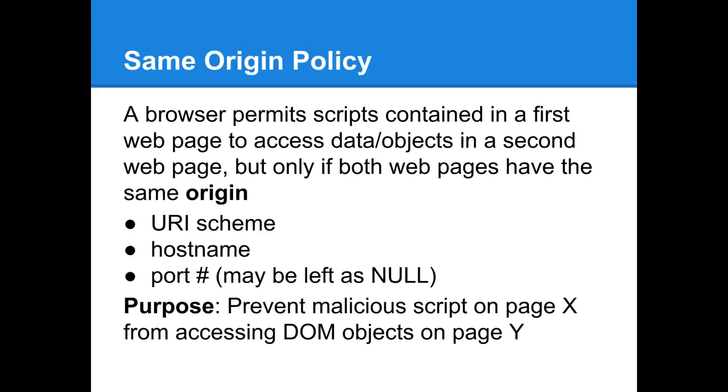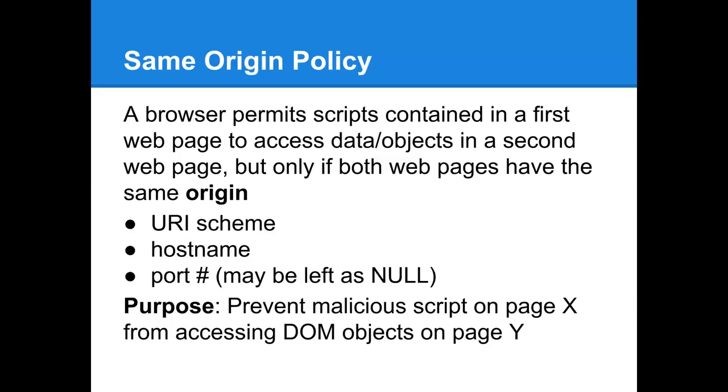And this brings us to a very important topic. It's a defense that was built into browsers a long time ago to prevent cross-site scripting attacks, specifically scripts on page A from accessing objects on page B, especially if they don't have the same domain. But if they have the same domain, it may work. Specifically, the term is origin.